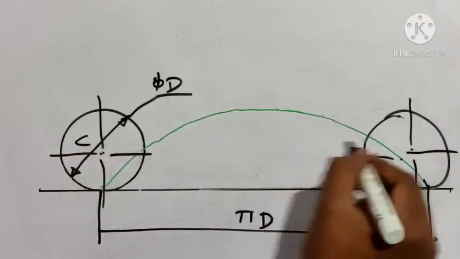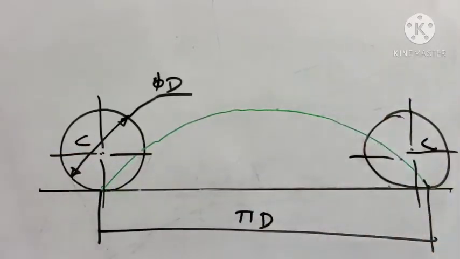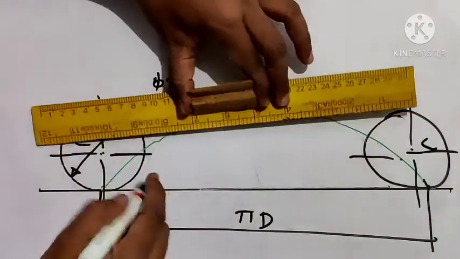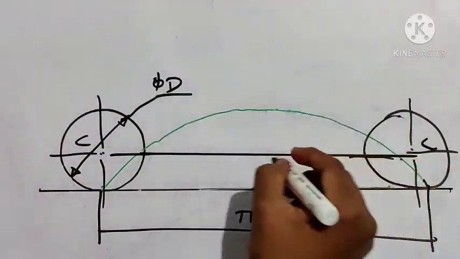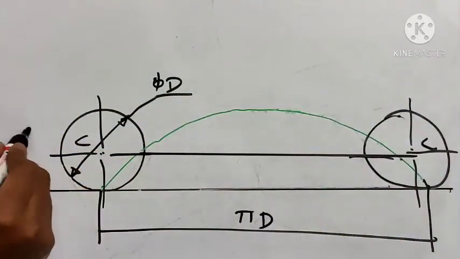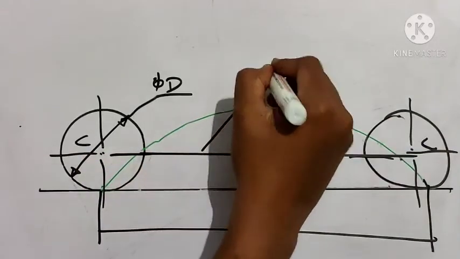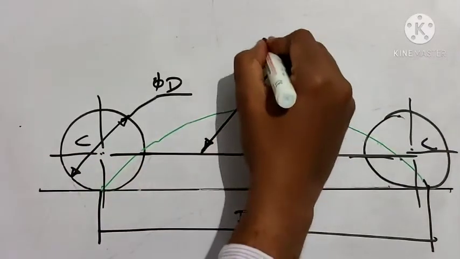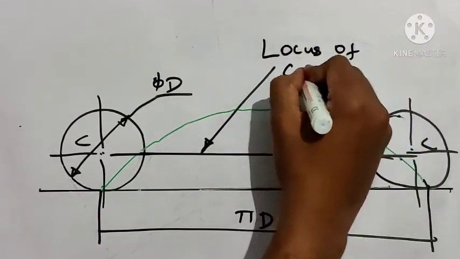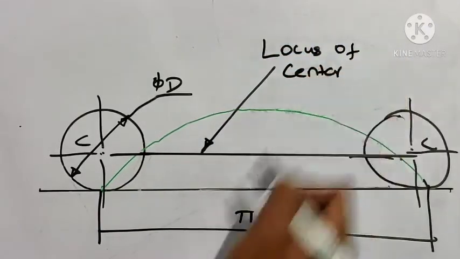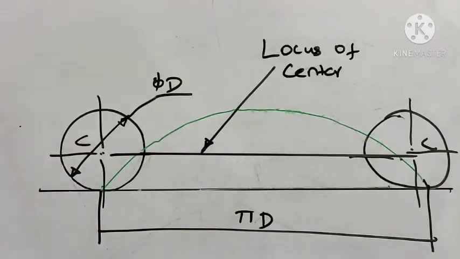This will be my center, and this will be my center at the end, and this line is nothing but my locus of center. So this is how the cycloidal curve is generated.